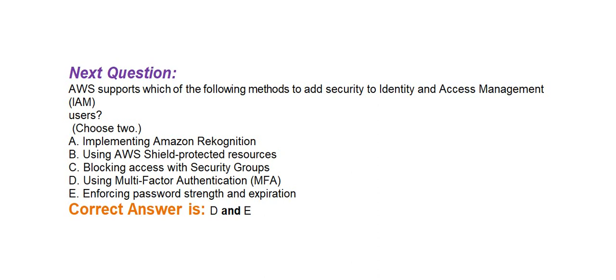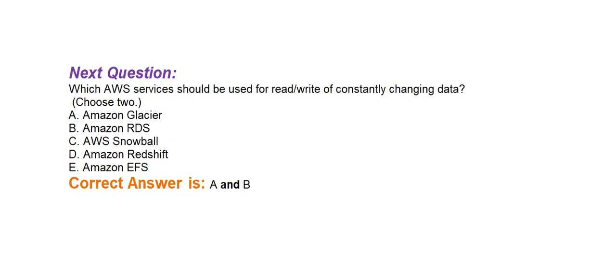Option D, using multi-factor authentication MFA. Option E, enforcing password strength and expiration. Correct answer is option D and option E, and these are using multi-factor authentication MFA and enforcing password strength and expiration.